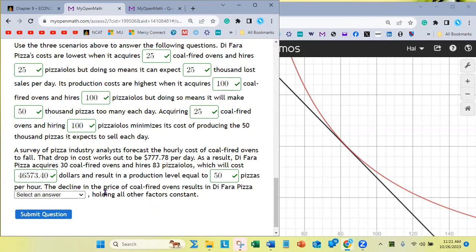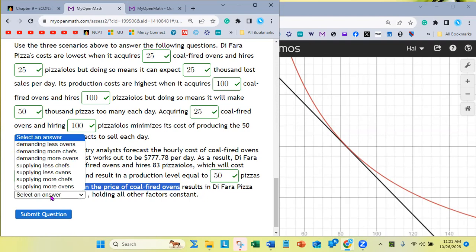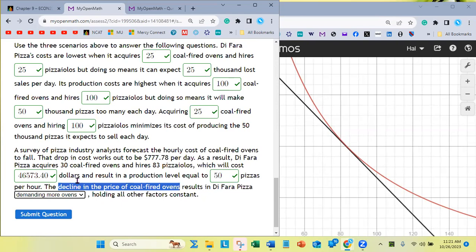So the decline in the price of coal-fired pizza ovens means that when the price falls, we demand more coal-fired pizza ovens. We demand more ovens, not fewer. So this is the law of demand.